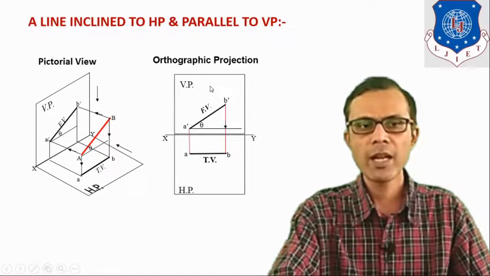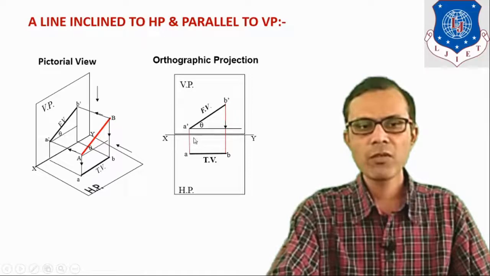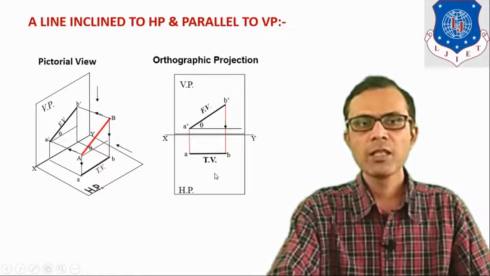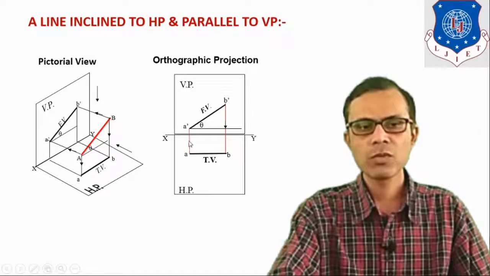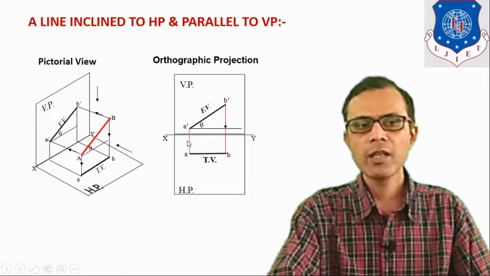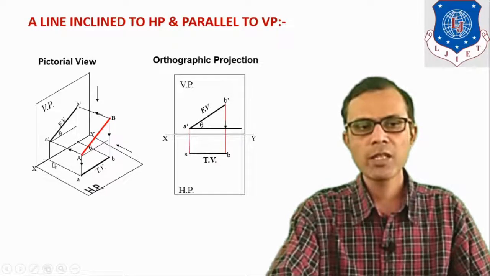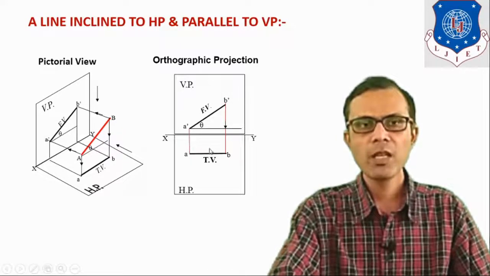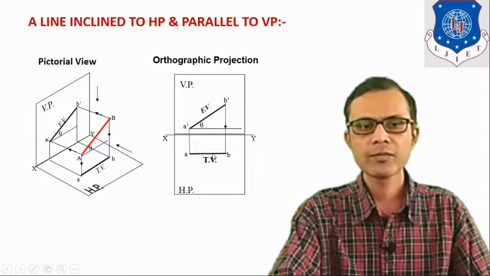Above the XY line is VP, so the front view is A dash B dash with true length and true inclination angle. From that we will take the projection, and AB shows the top view. That similar distance in front of VP, we are taking here below the XY line.